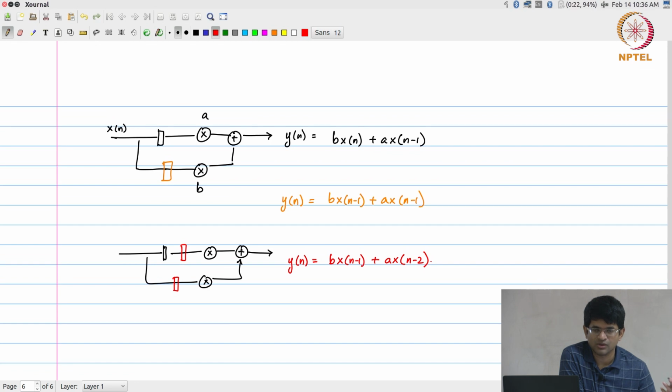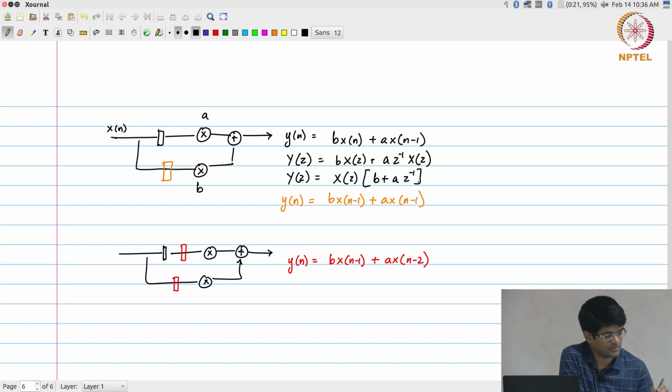One way of understanding this more clearly is to write the corresponding transfer function in terms of z transforms: y of z equals b x of z plus a z inverse x of z, which means y of z equals x of z into b plus a z inverse.